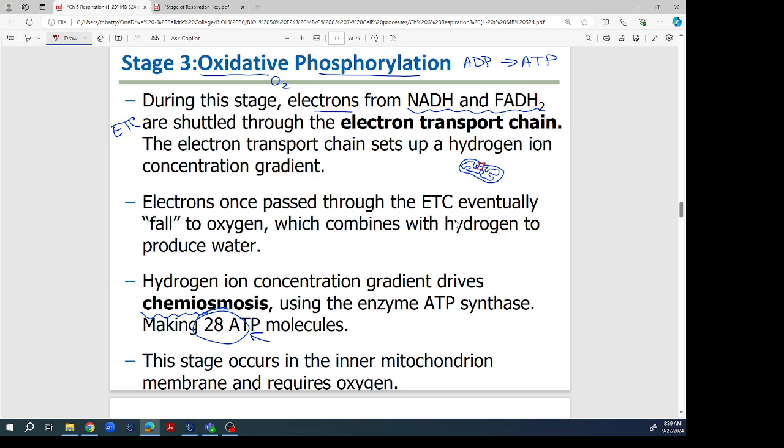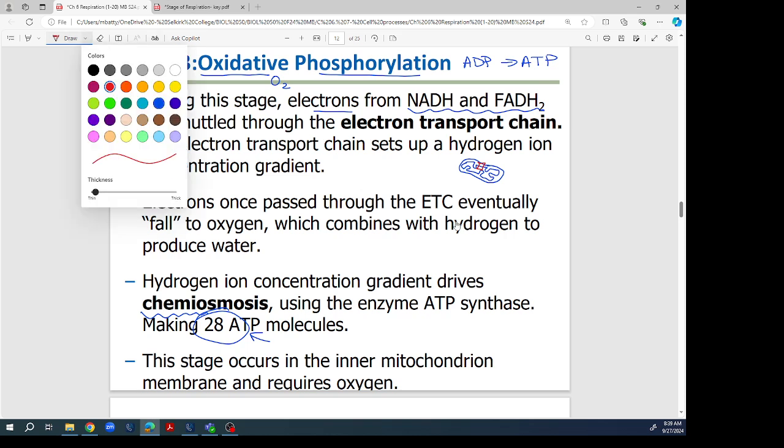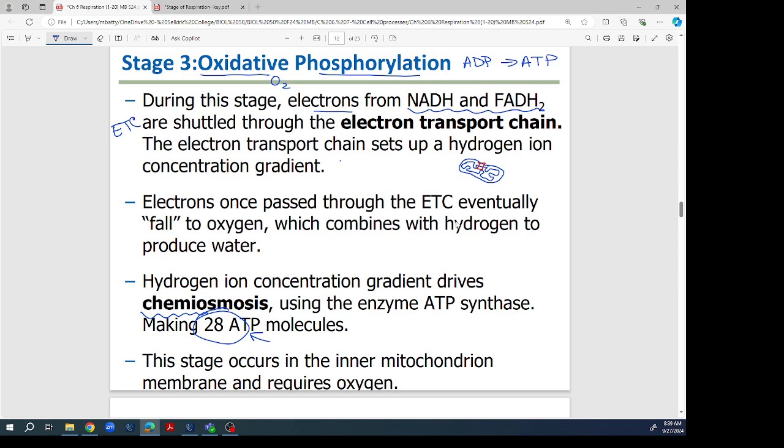And so what happens is those electrons are passed through that inner mitochondrial membrane, and a couple key things happen. We don't get into the details of how these things happen and the biochemistry of it, but the key thing that happens is that a whole bunch of hydrogen ions, so H pluses, are going to be pumped to one side of that cellular membrane.